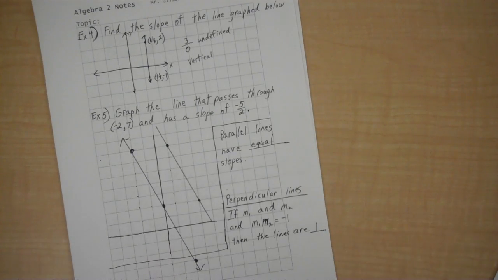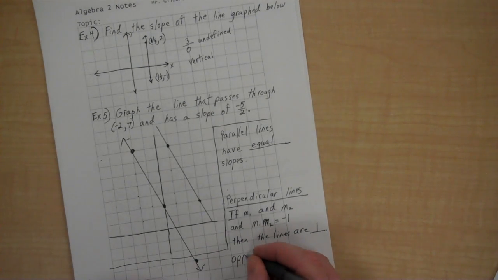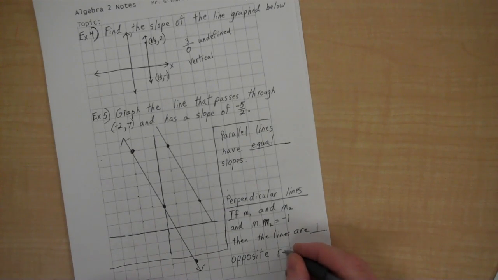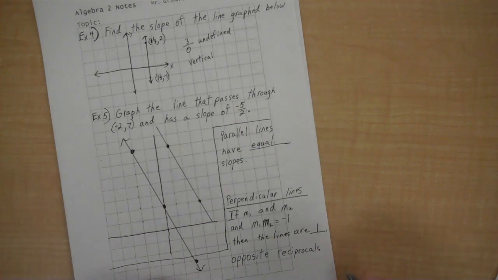Remember that symbol, upside down T thing for perpendicular? Okay, and a lot of times you might remember that the slopes of perpendicular lines are opposite reciprocals. Opposite reciprocals.